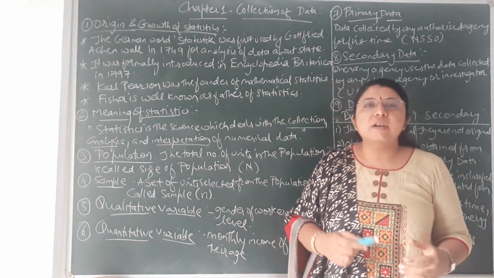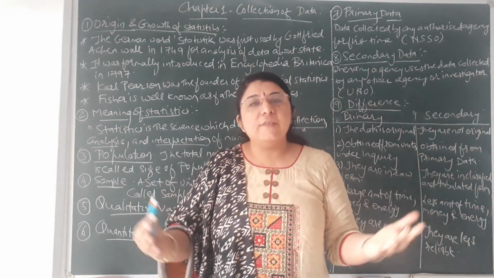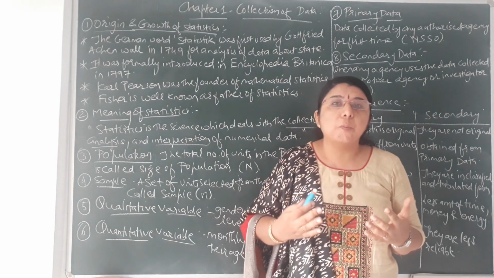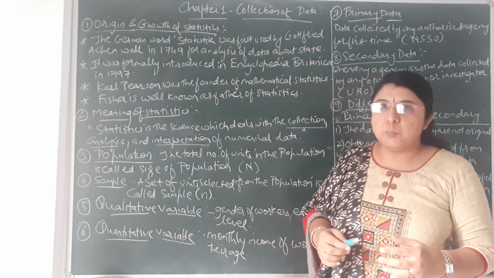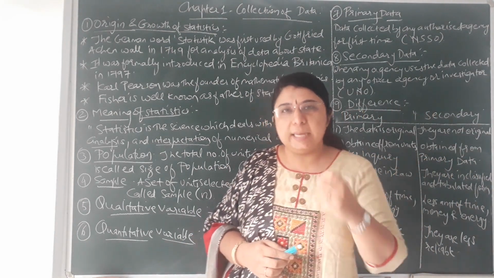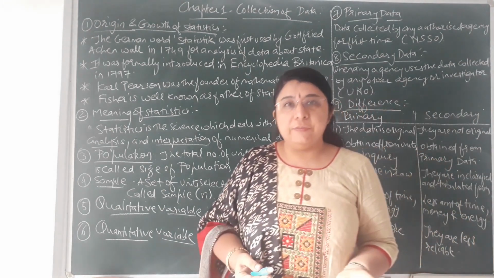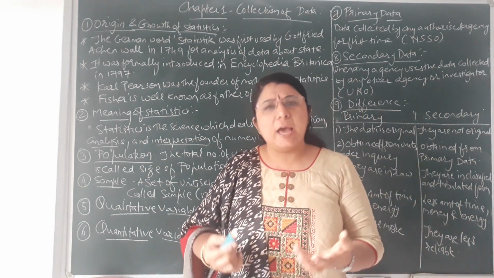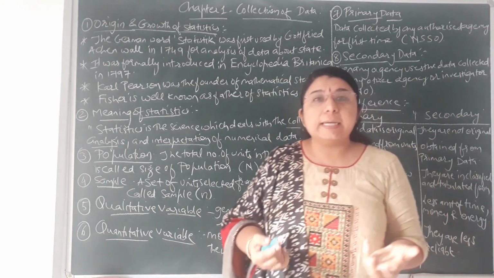Suppose there are 700 workers working in a factory, then those total 700 workers become the population of that factory. From that, suppose I select 100 workers to collect data about their standard of living, their food habits, their language or their culture.